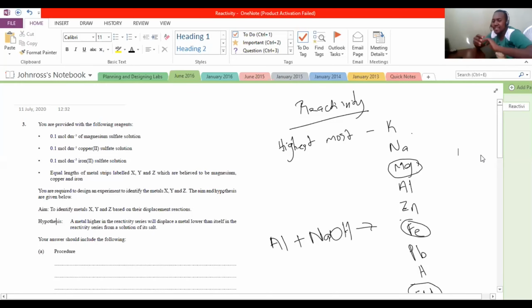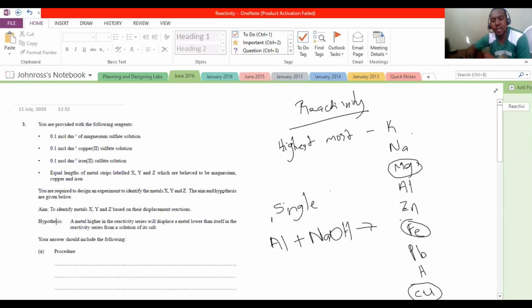So that's the purpose of the series: to show which metal can displace which metal in a reaction. The ones below will not be able to displace the one above, because the one below is less reactive than the ones above. This type of series only works with the type of reaction known as a single displacement reaction.